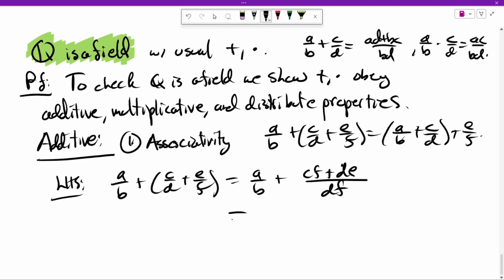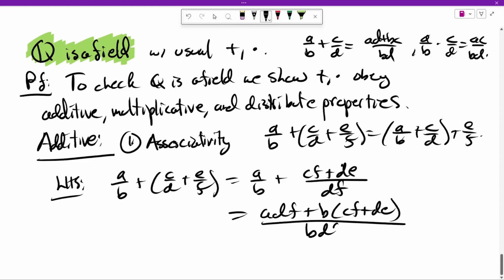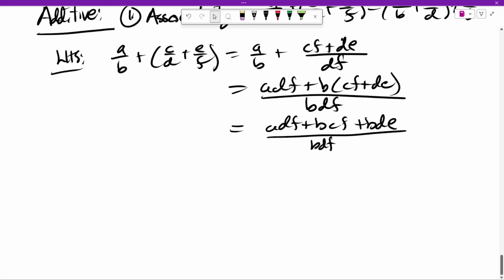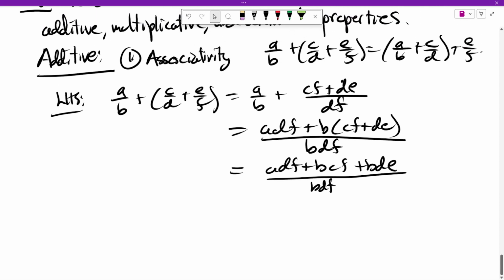So it's going to be A times DF plus B times CF plus DE over BDF. That's how you find a common denominator. And just so that we can compare this later, this is ADF plus BCF plus BDE over BDF. That's kind of complicated, but we know that adding fractions is a little complicated. That's our left-hand side.